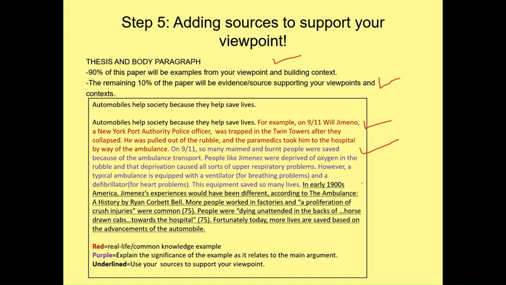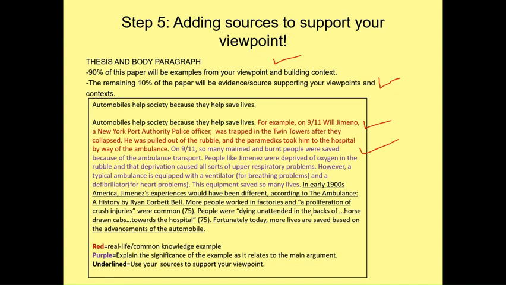And then the underlined part, this is you using sources to support your viewpoint. Notice how it's all organized. In early 1900s America, Jimenez's experiences would have been different, according to The Ambulance: A History by Ryan Corbett Bell. More people worked in factories and a proliferation of crush injuries were common.